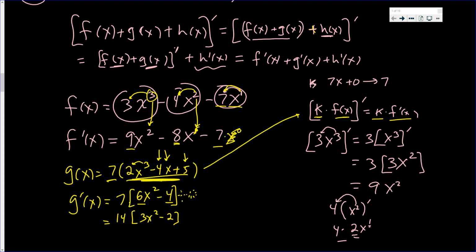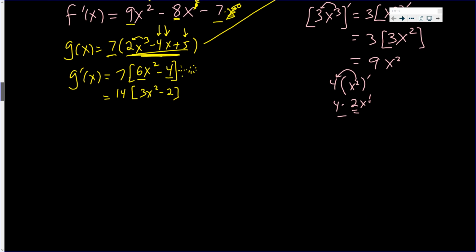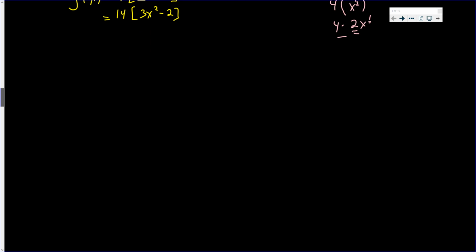Now, when it's just polynomials, it's okay. It doesn't even have to be polynomials. For example, this function is not a polynomial, because a polynomial doesn't allow the powers to be negative. Well, derivatives are even easier.